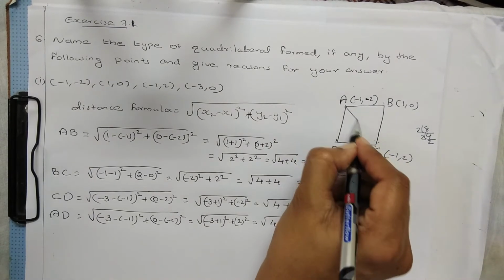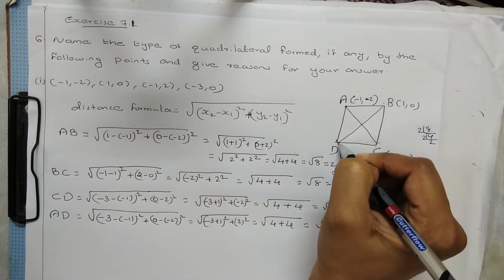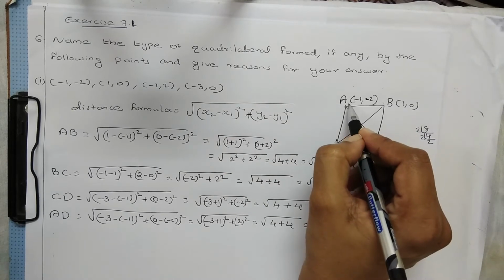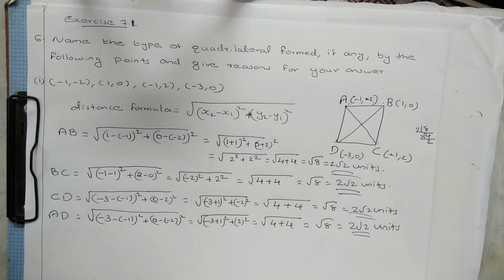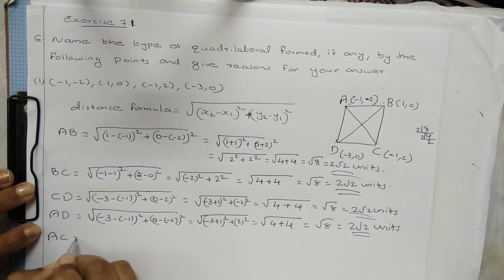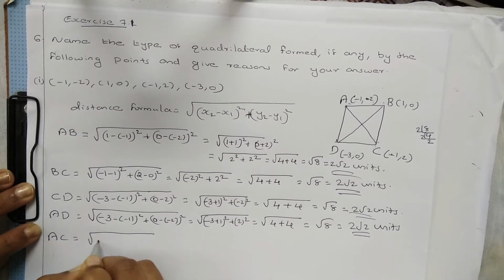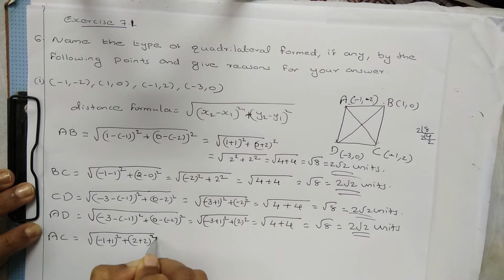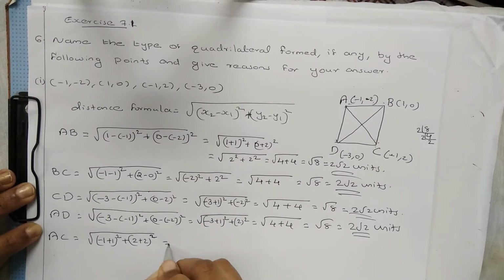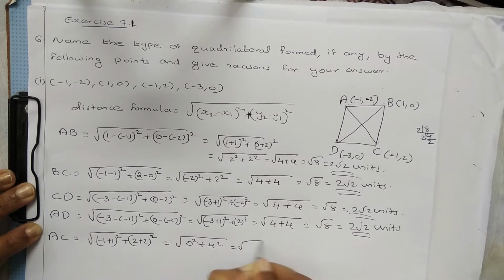Now you have to go for the diagonals AC and BD. AC if you are considering, A will be x1, y1 and C will be x2, y2. So AC is equal to root of (-1 plus 1) the whole square plus 2 the whole square. 2 minus -2 will come, it becomes plus 2. That is root of 0 square plus 4 square, that is root 16.